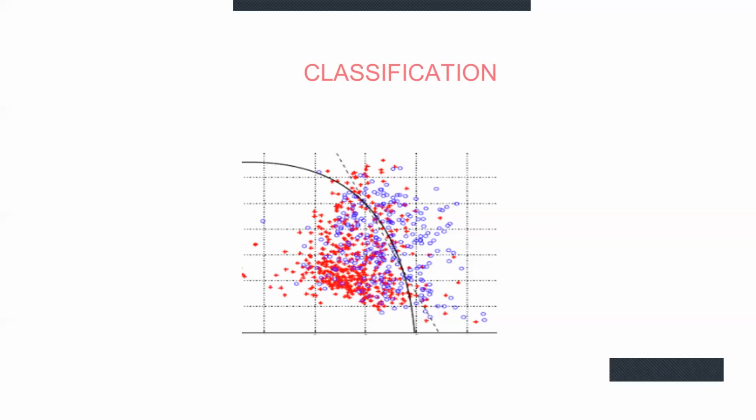of these discriminant lines. The algorithm uses them to decide which object should be assigned with which class. So if some object is, for example, on the right side of the line, it is assigned with the blue class. If it's on the left side, it's assigned with the red class.